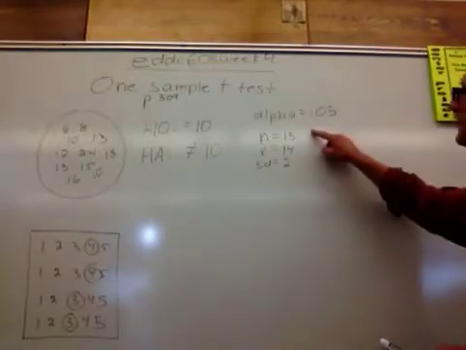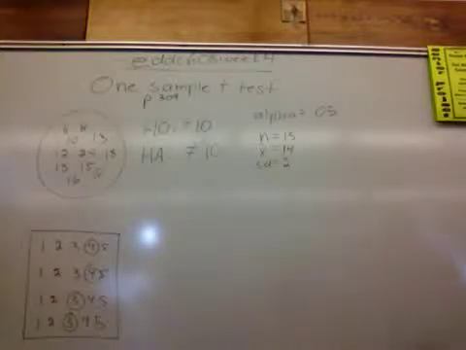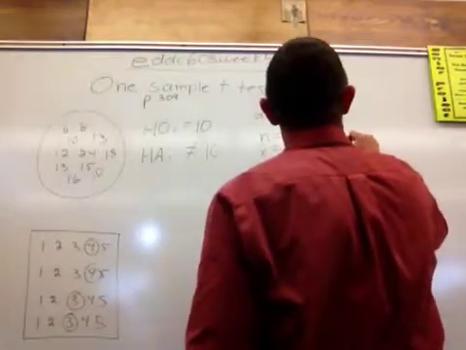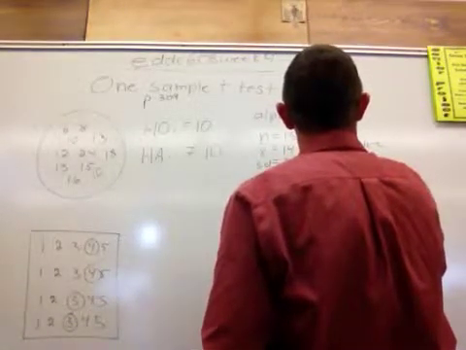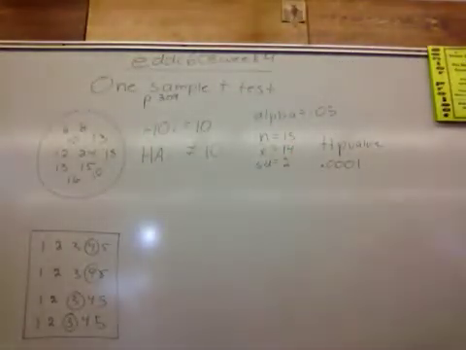And that's all I have to do. And then I'm going to click calculate. Okay? And when I click calculate, it gives me a two-tailed p-value of 0.0001. Yes, I got that right.